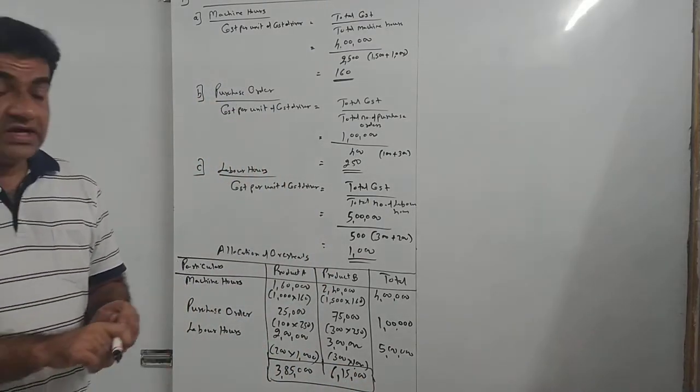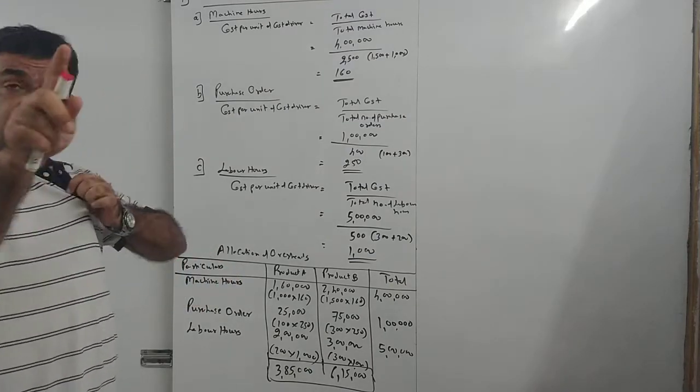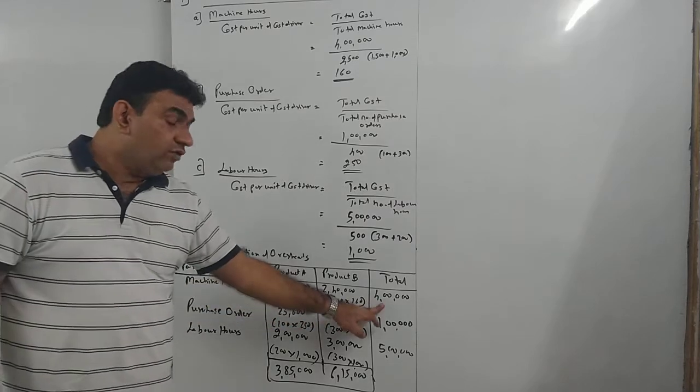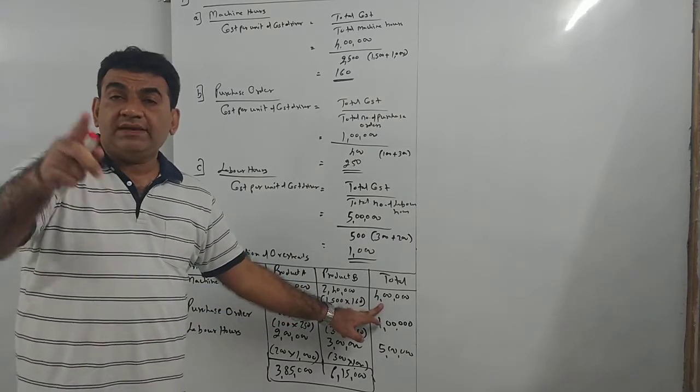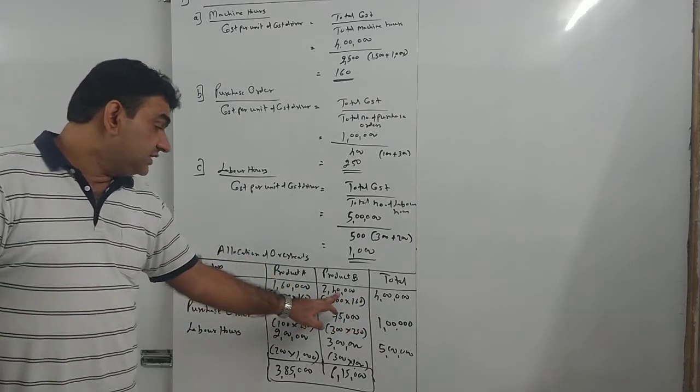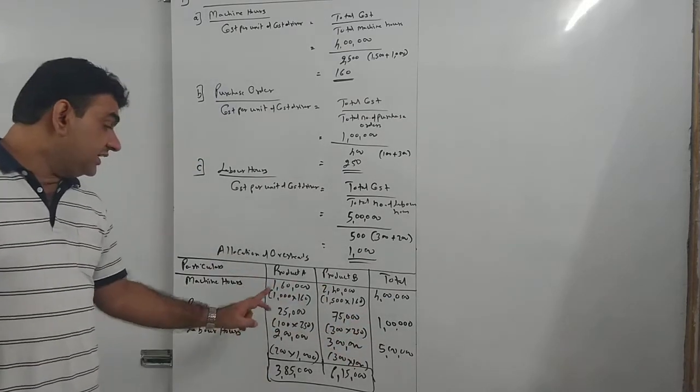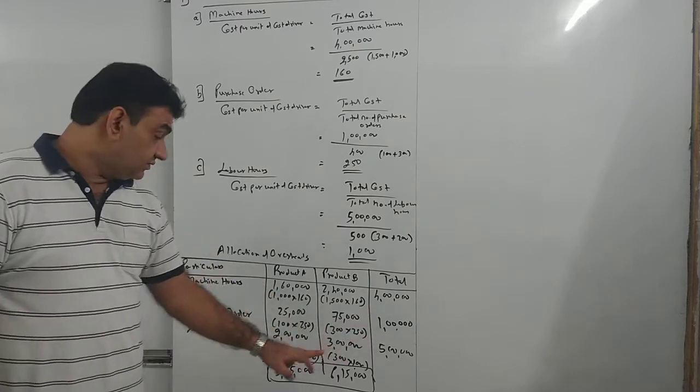Getting it, all of you? So now listen. What does this mean? See, in the presentation, machine hours total was 4 lakh. According to ABC, the allocation was 1,60,000 and 2,40,000. Purchase order was a total of 1 lakh. According to the allocation, 25,000 and 75,000.